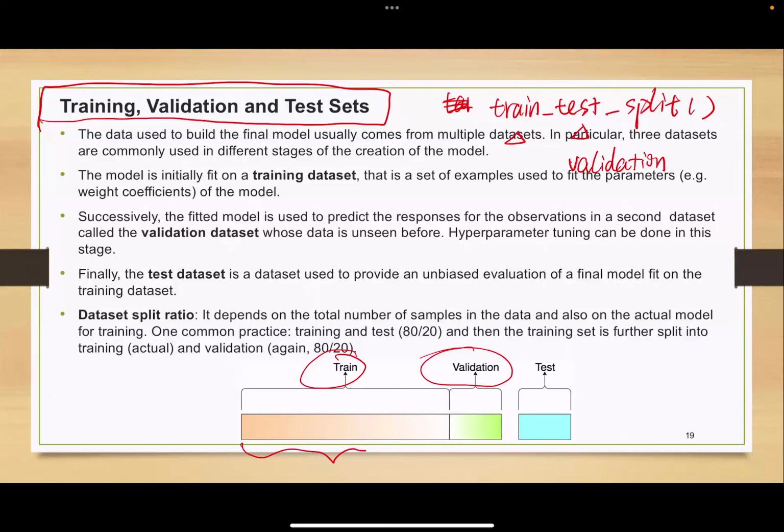So here is the whole data set, the whole data set you have. And then you split it into a training data set and a validation data set. The test data set, you cannot use it to tune the parameters. You cannot use it during the model tuning because this is regarded as future data.